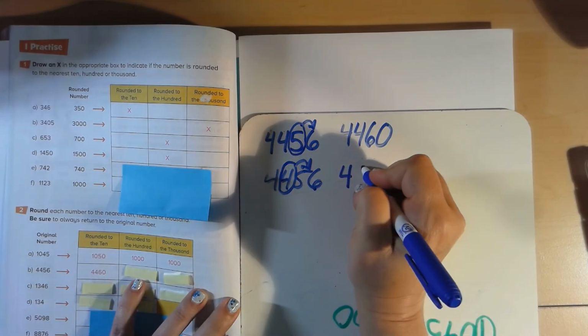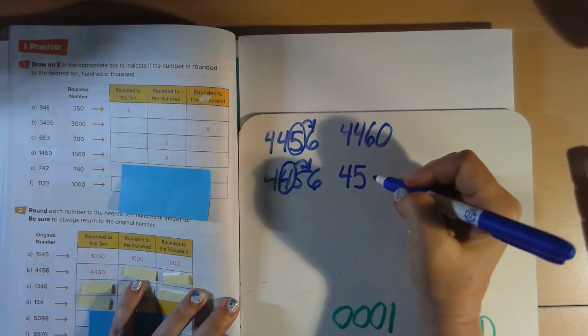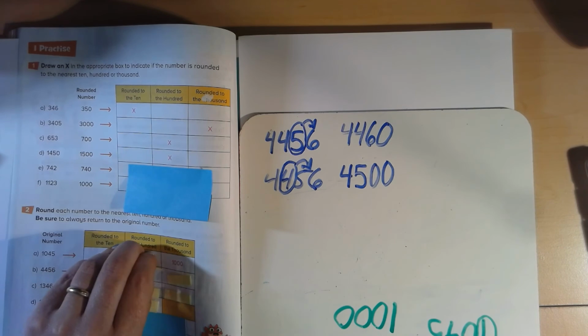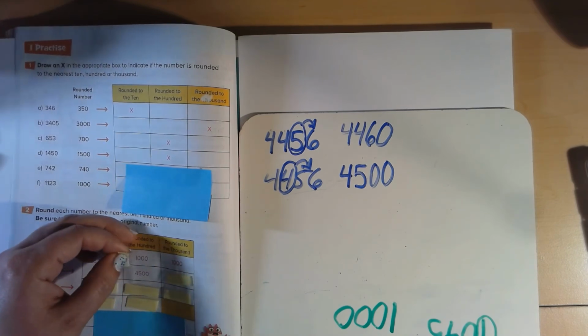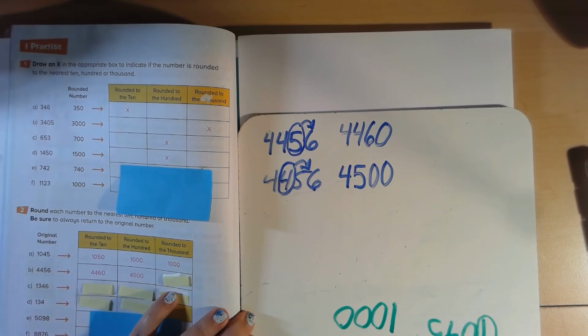My 4, I'm gonna round that up to 5. And the other two positions will maintain a 0. We'll put a 0 there, right? So our answer is 4,500. How's it going? Is it getting better for you? Maybe a little? Let's try another one.